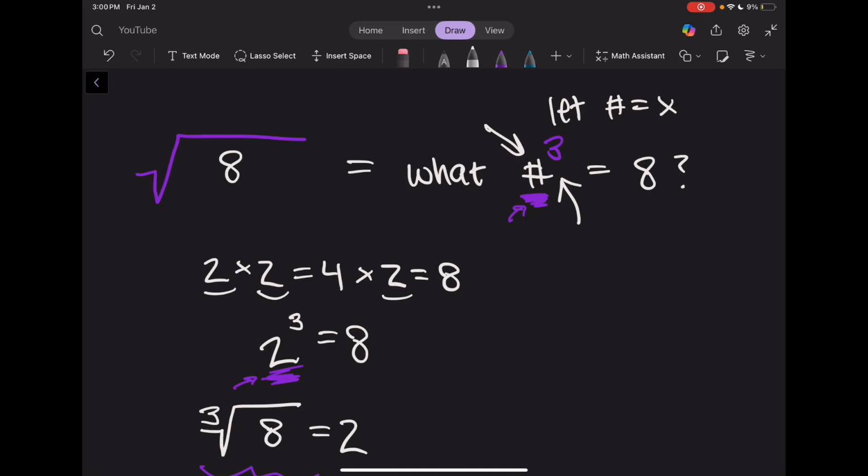I'm just replacing it with x. I don't know what x is. I could ask myself, solve this problem. X to the third power equals 8. And by solving this problem, which I get x equals 2, is solving my question here, which there's supposed to be a 3 right here.